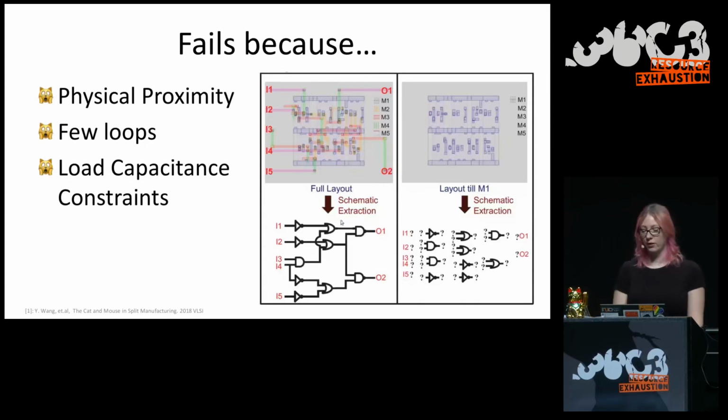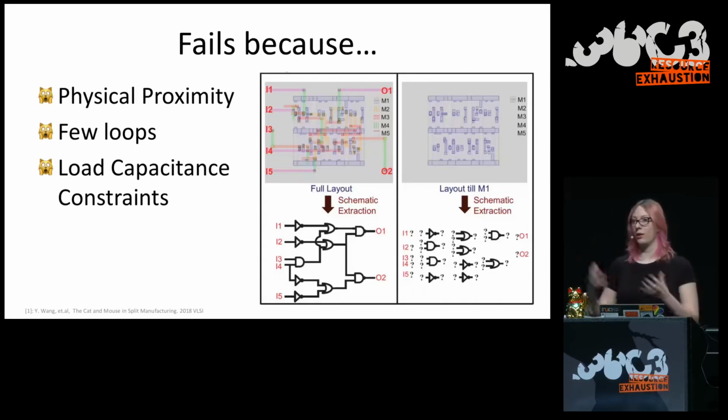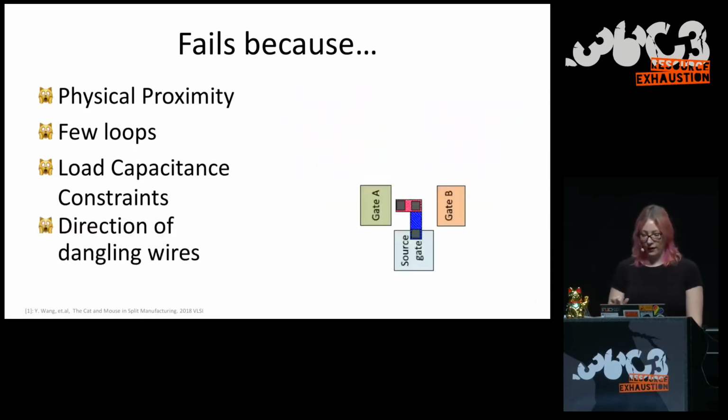And these gates can only drive a specific amount of other cells. So we have some load capacitance constraints that we can also throw into our attacker model, and we can figure out pretty quickly what the connections are supposed to be by brute forcing.